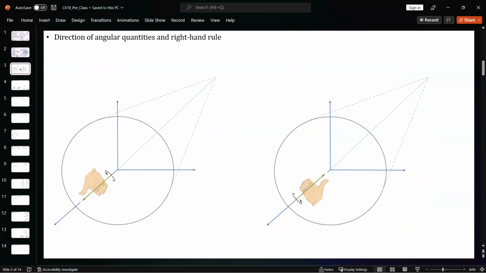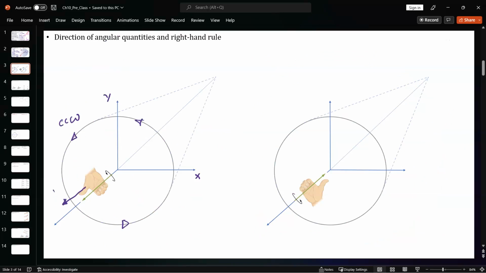Let's take a look at this direction again, a little bit in detail. All the directional quantities, remember we mentioned, should obey the right hand rule, right? If I put the x-axis and y-axis here, let's assume the object is doing this rotation, which means counterclockwise rotation. So if you take your right hand and curl all four fingers towards the direction of rotation, then the thumb direction will tell you all the angular quantities.